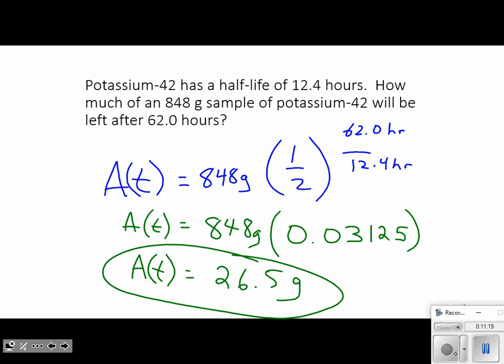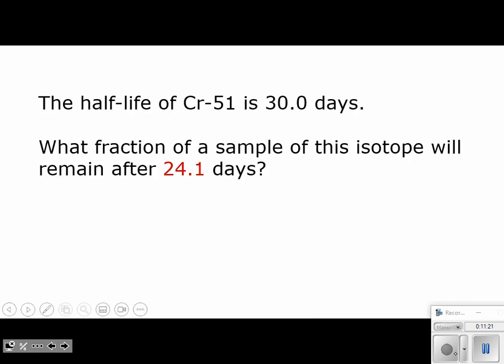Now, this final problem, ladies and gentlemen, you definitely need to copy this down into your notebook because this is straight off the WebAssign, and we had a lot of questions with it when we did it in my other classes. So copy this one down. I'm going to show you how to work it. The half-life of chromium-51 is 30.0 days.